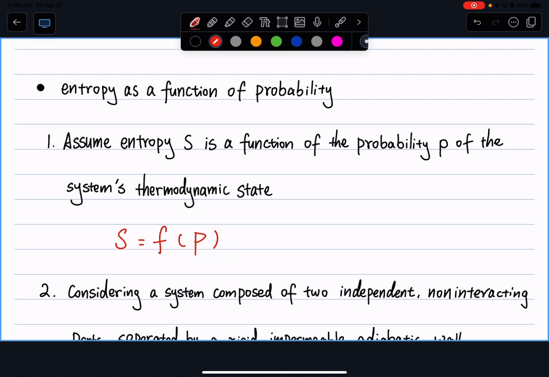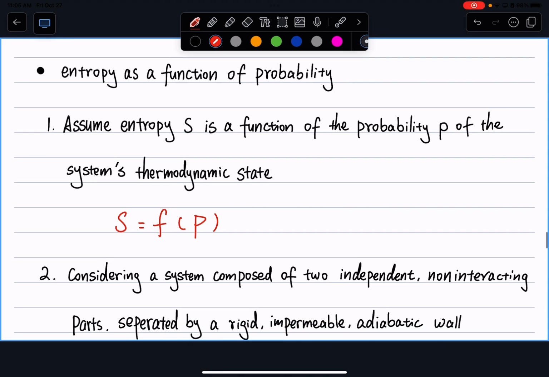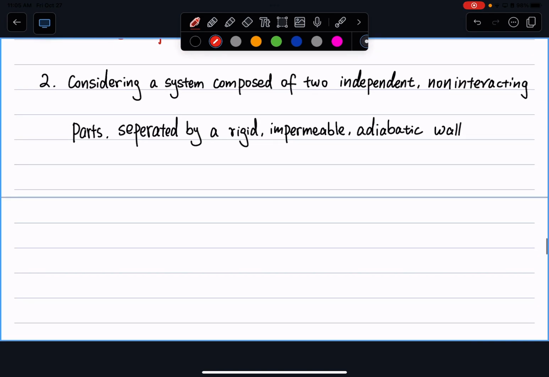So let's think about a system composed of two independent non-interacting parts, separated by that adiabatic, non-permeable wall.